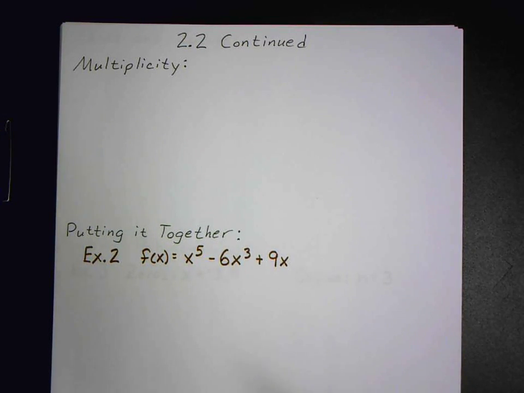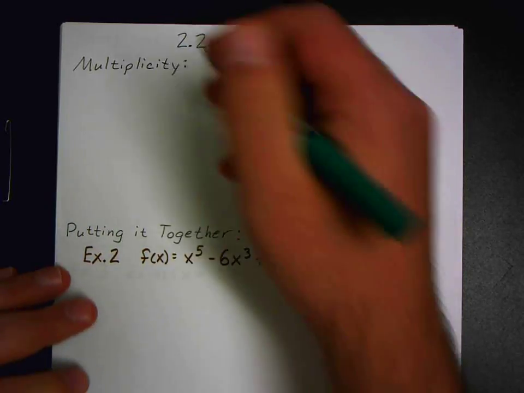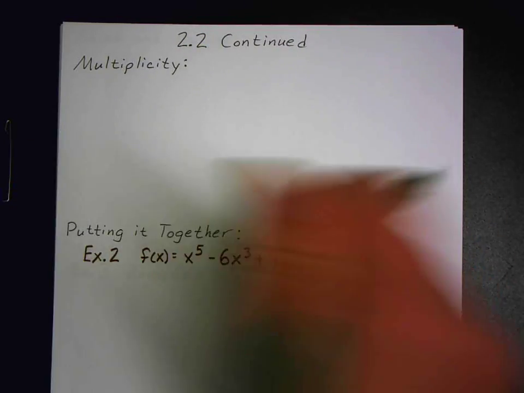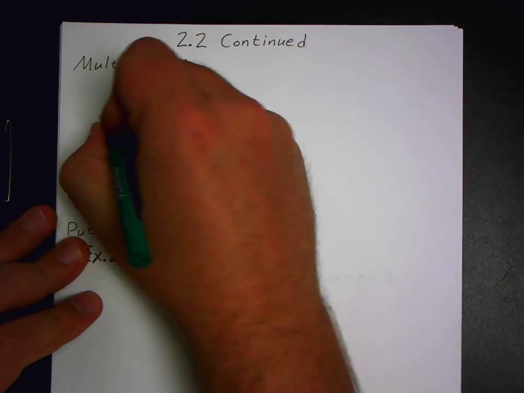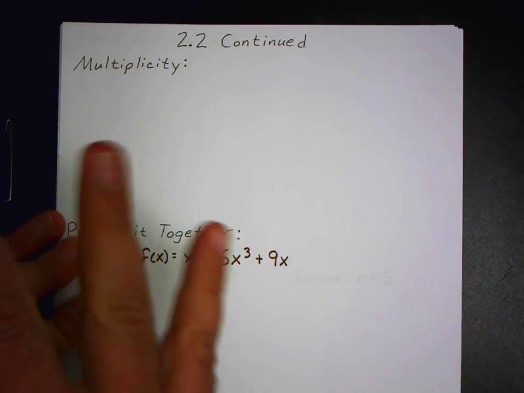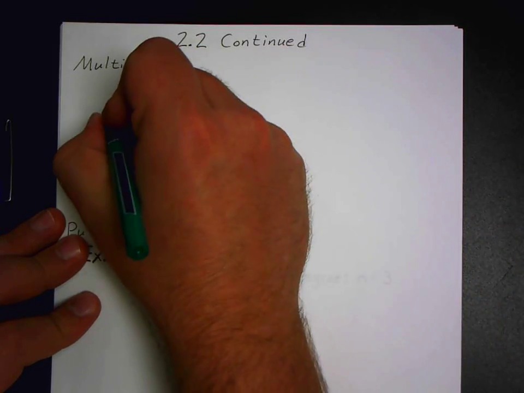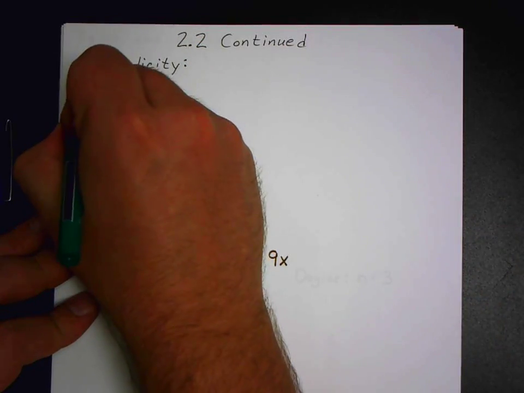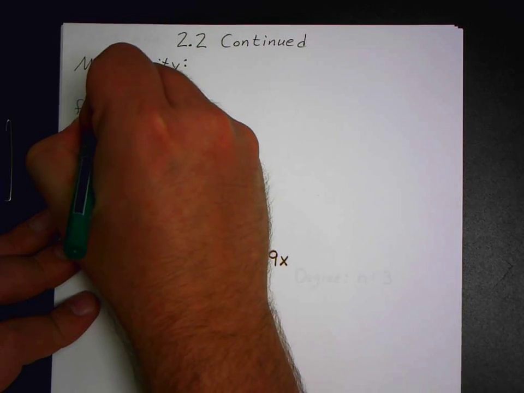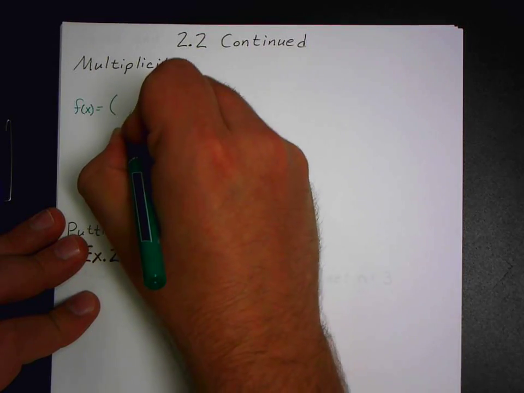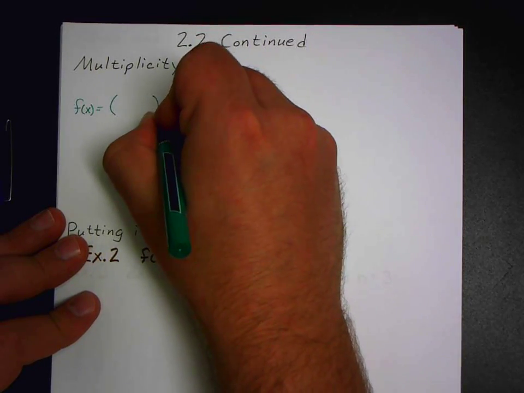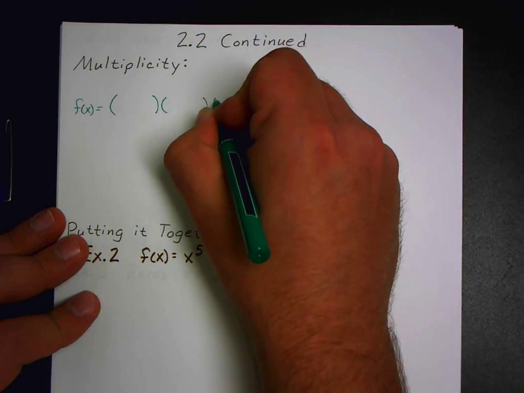So starting with multiplicity. Mainly with multiplicity, we just need to define it. Multiplicity, let's see. If I had a polynomial and I could factor it all the way out, I don't even care what the factors are.